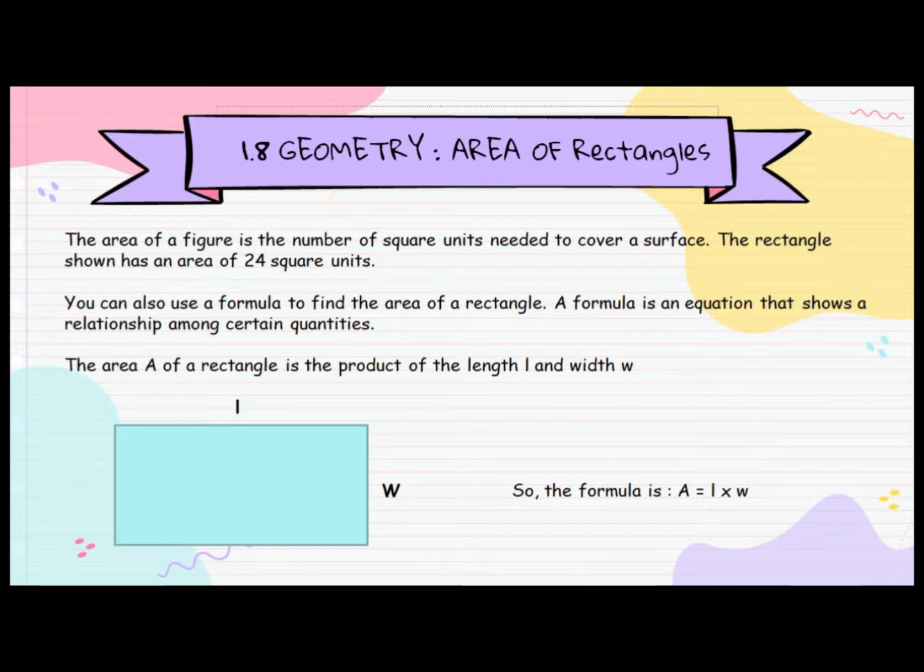A formula is an equation that shows a relationship among certain quantities. The area A of a rectangle is the product of the length L and width W. So the formula is A equals L multiplied by W.